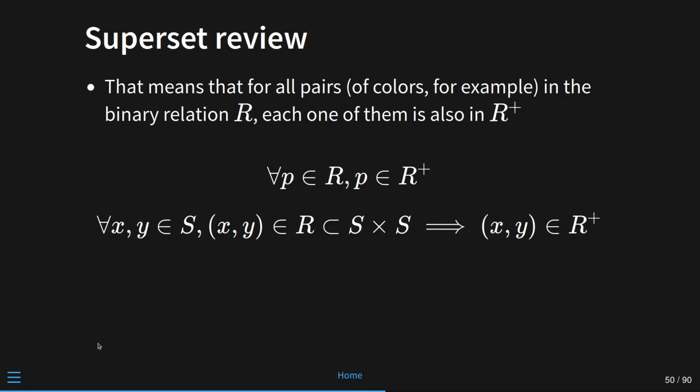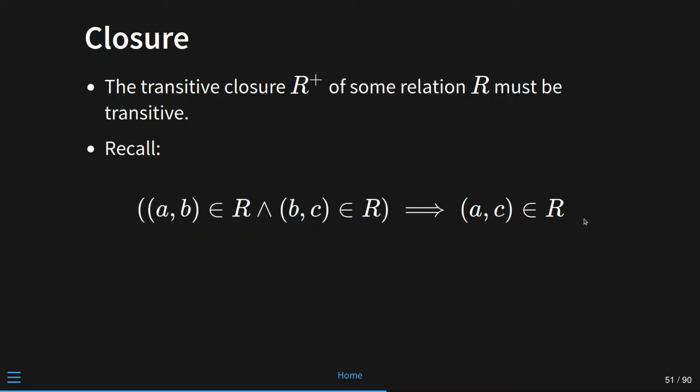So, for all pairs in R, the pair is an element of the transitive closure. For all xy that are elements of the underlying set, such as the set of colors or the set of stations, that pair xy is part of the relation, which is a subset of the Cartesian product. All of these have to be in the transitive closure. So the transitive closure has at least as many pairs in it as any given relation.